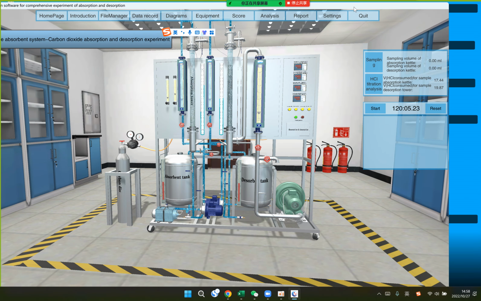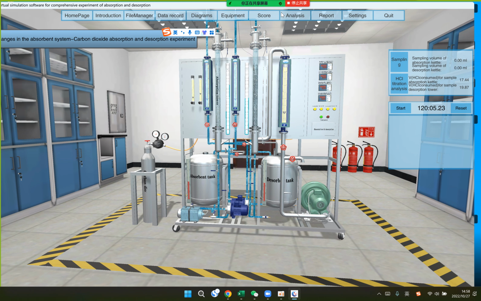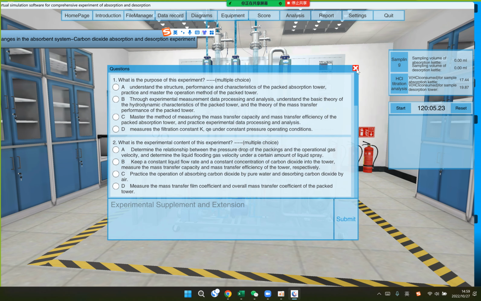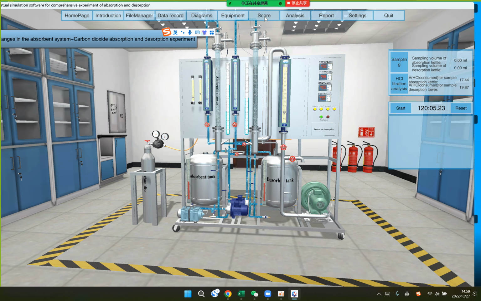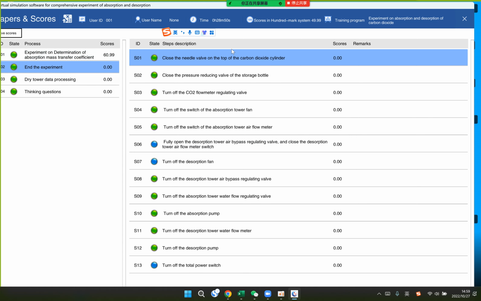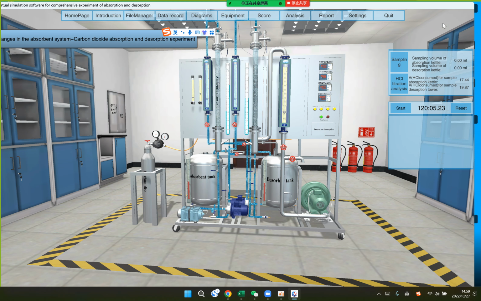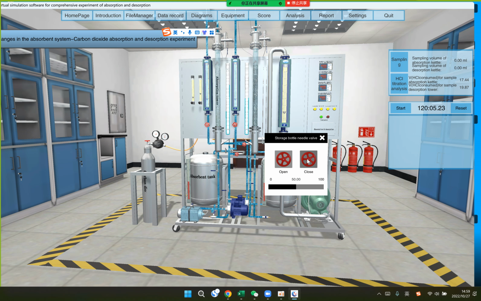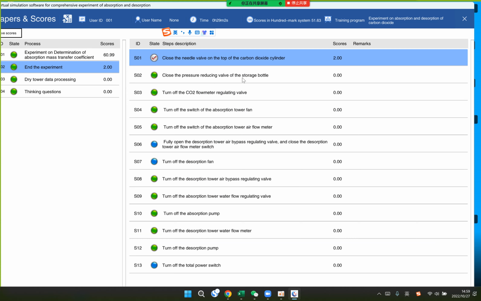We assume that we already finished the experiment, and we will do the next stage, which is the end of the experiment. Close the needle valve. Close it, and close the pressure regulation valve storage button.